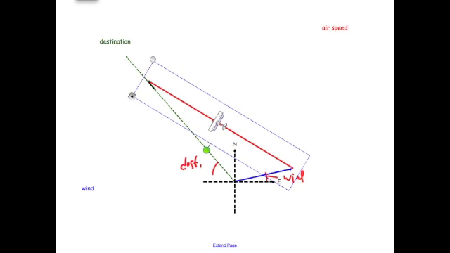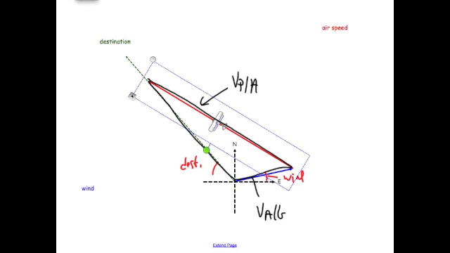Our triangle is this mess right here. We'll know this side. This is the velocity of the plane relative to the air. That is known. This side is known. The velocity of the air relative to the ground. And as I just argued, we will know that angle.